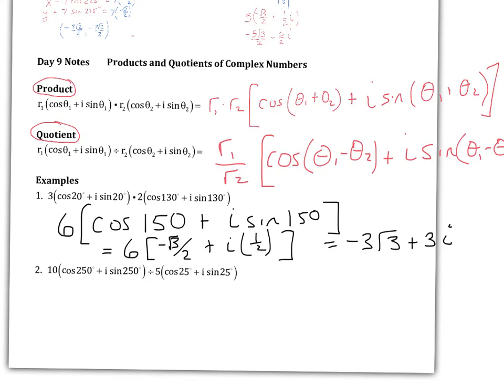And then dividing, all I'm doing is using that quotient rule. So 10 divided by 5 is 2. And then it's going to be 250 minus the 25. So cosine of 225 plus i sine of 225.